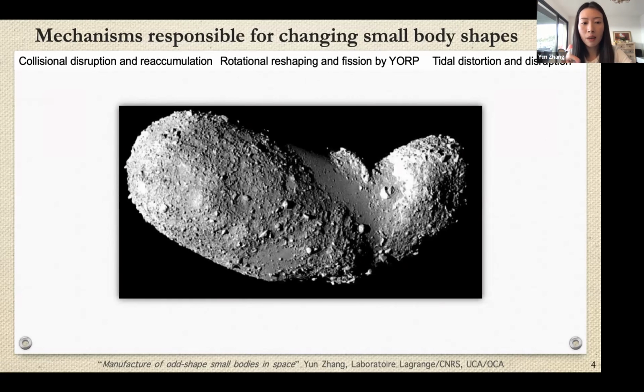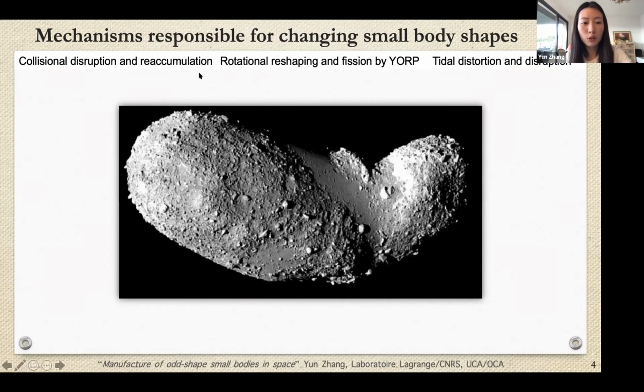In addition, during the dynamical evolution of a small body, it can sometimes have a very close approach to a planet or star, and its shape can be largely modified or even disrupted during the close encounter, like what happened to Shoemaker-Levy 9. So these three effects are responsible for shape changes through complicated dynamical processes.